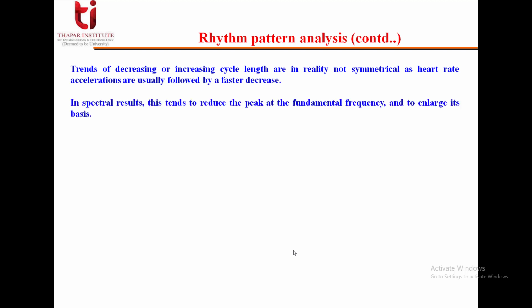So trends of decreasing or increasing cycle length are in reality not symmetrical, as heart rate accelerations are usually followed by a faster decrease. In spectral results, this tends to reduce the peak at the fundamental frequency and to enlarge its basis.